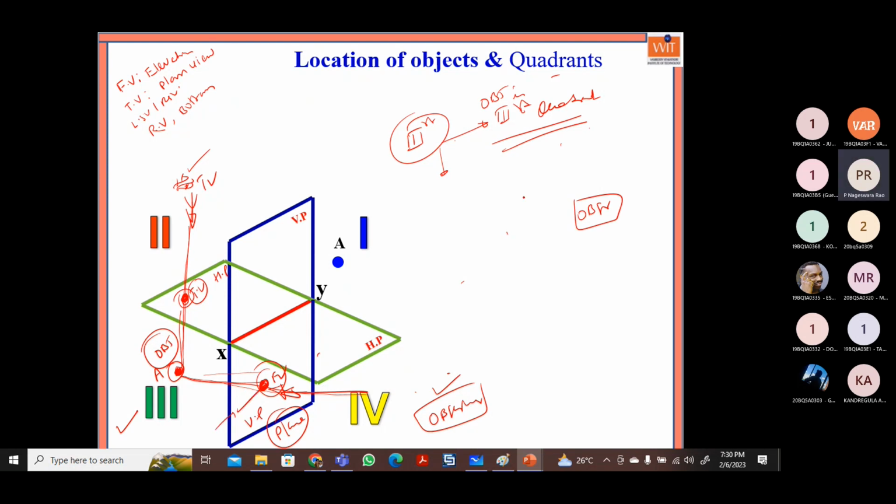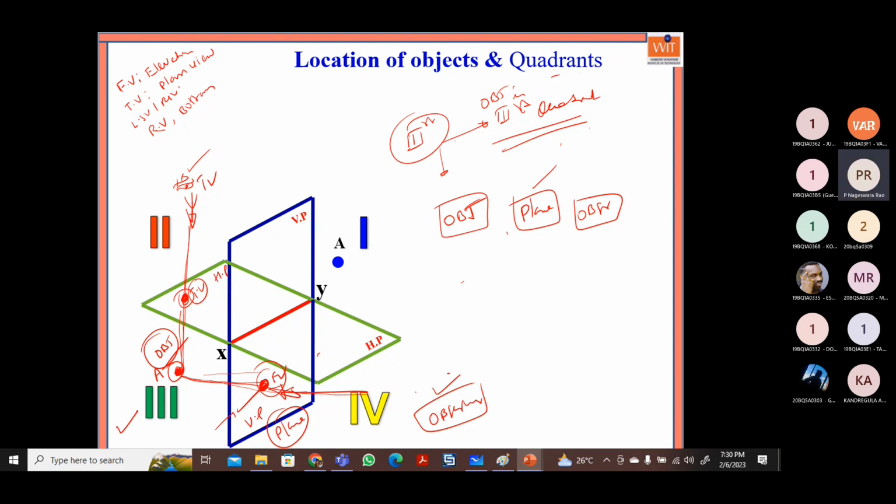The plane is between the object and observer. In this case, the plane of projection, the reference plane, is in between the object and observer.